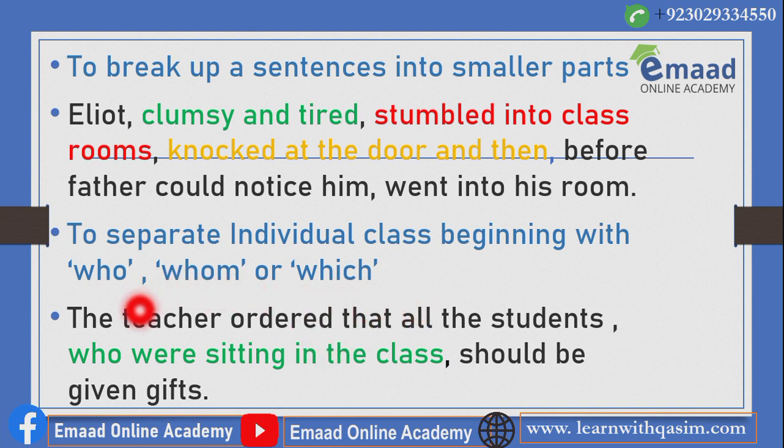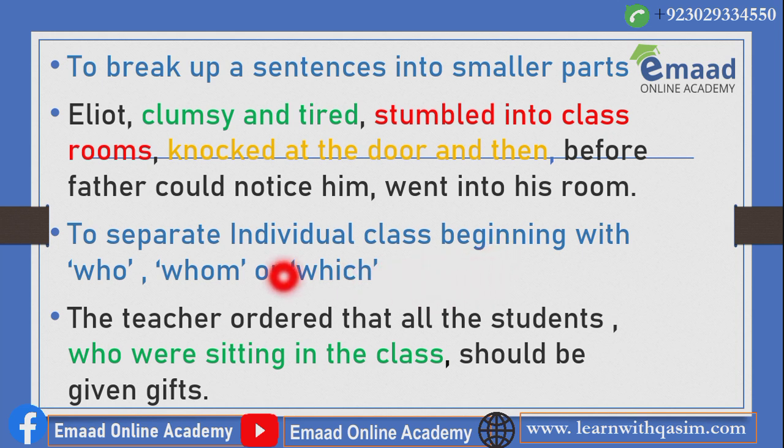So here the adjectival clause is who were sitting in the class. It is describing the students. Now notice in this sentence, the clause who were sitting in the class must be non-defining and therefore implies that all the students in existence happen to be sitting in the class.